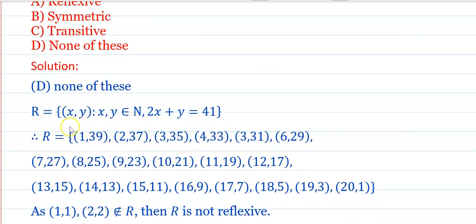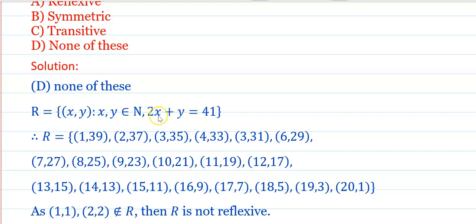Now see this here, R, xy such that xy belongs to capital N, 2x plus y is equals to 41. If we take the elements from the set of natural numbers, first x is 1, then 2 into 1, that is 2. Then y will be 39 in this way.